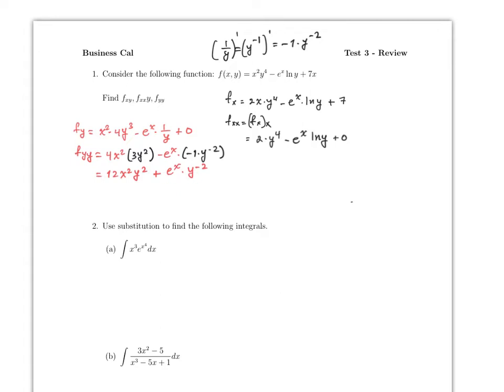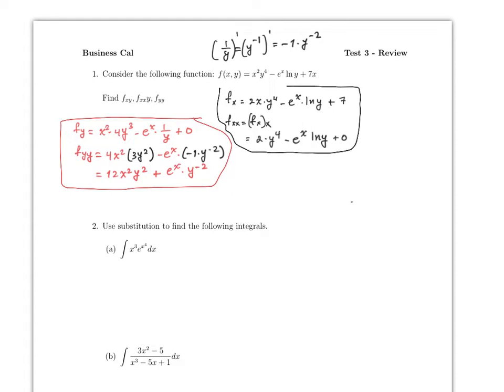Now the last one that we need to find is the derivative with respect to x and then to y, or with y and then x. So therefore you can either use this one, and then the derivative with respect to y, or this one and do the derivative with respect to x, and it should give you the exact same thing.